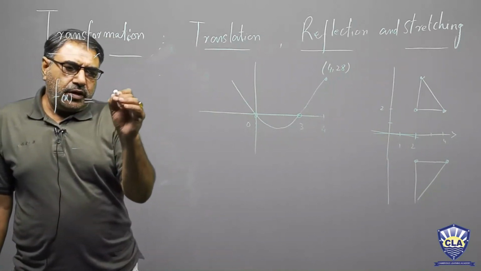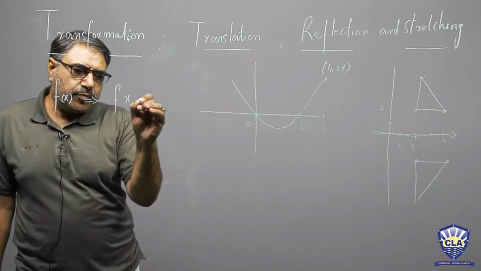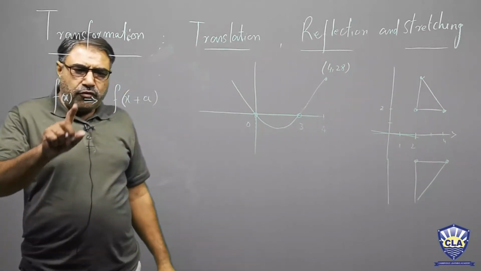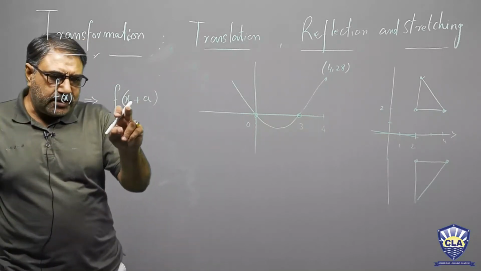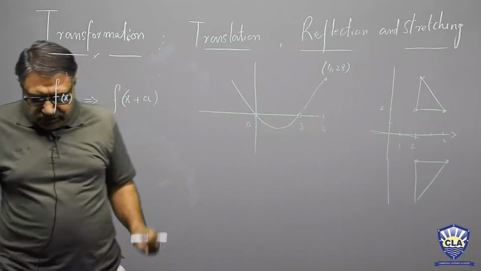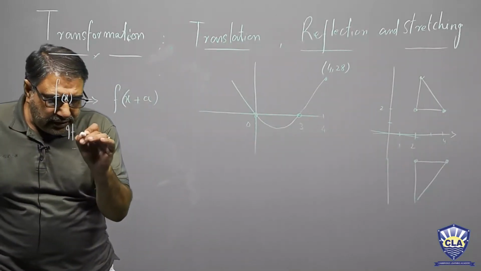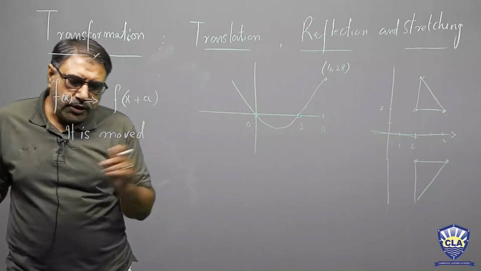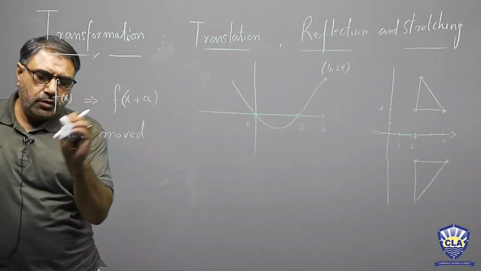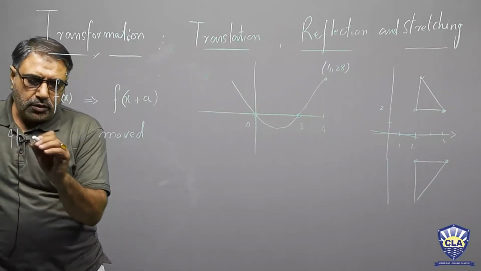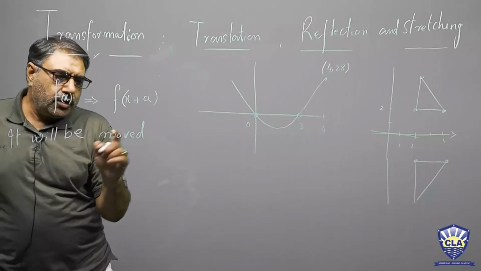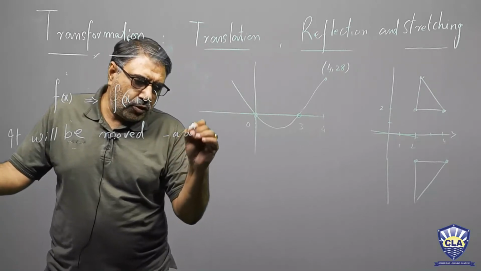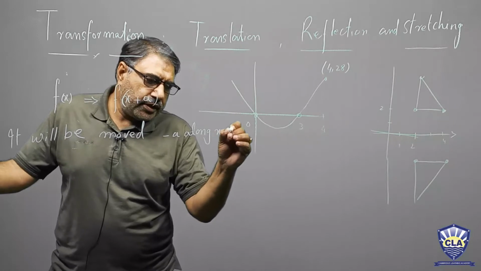Then, if it is f of x plus a, x plus a, general form, it means that when something is added in x, it will be moved minus a along the x axis.